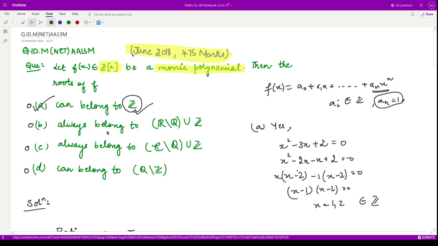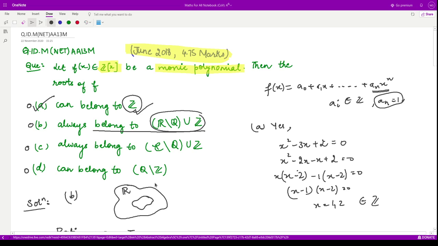So now they are asking whether the roots of this polynomial always belong to R minus Q union with Z. What does this mean? It means that we have the set of real numbers, and in this we have the set of rationals, and here we have the set of integers.